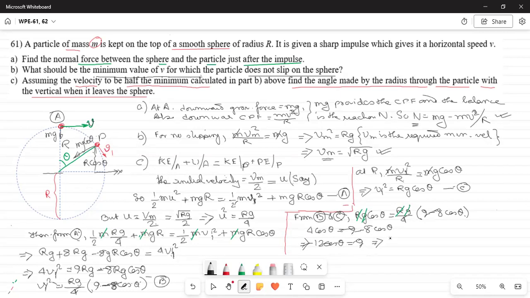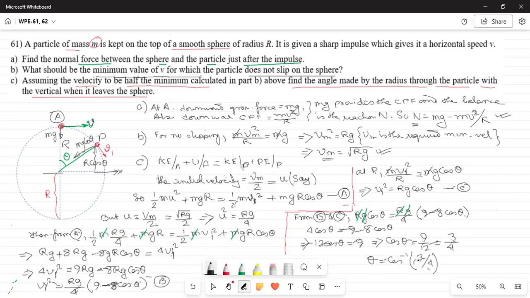From here we get cos theta is equal to 9 by 12, which is equal to 3 by 4. That is, theta is equal to cos inverse 3 by 4.